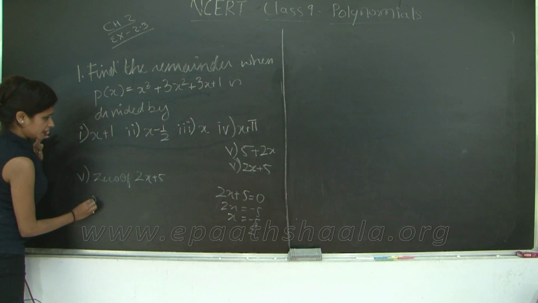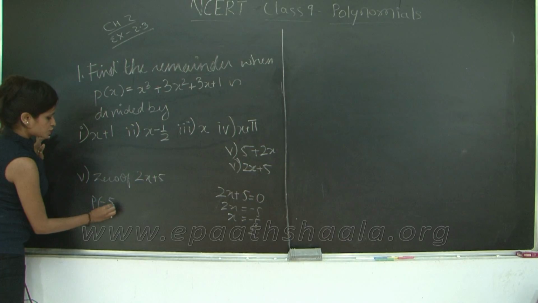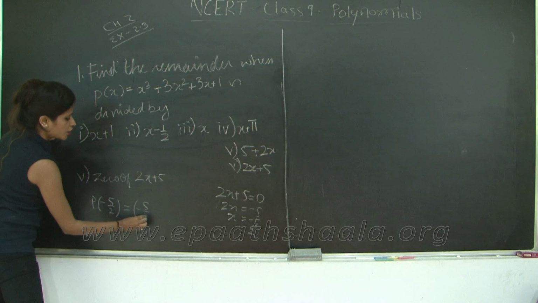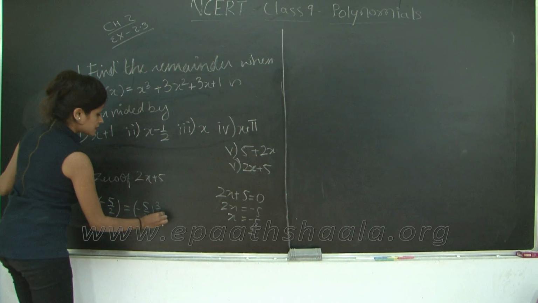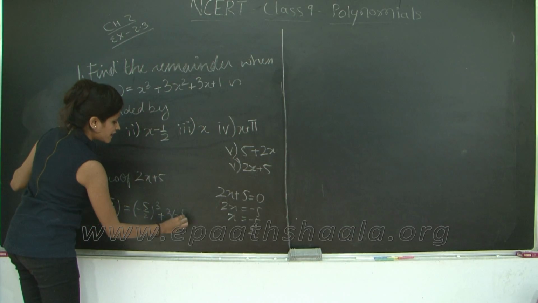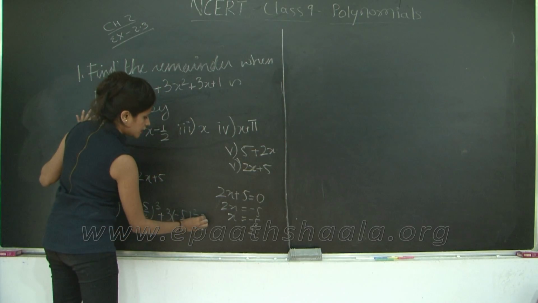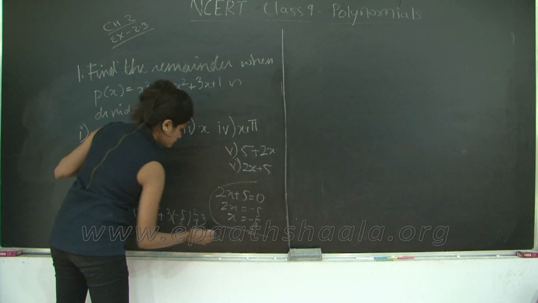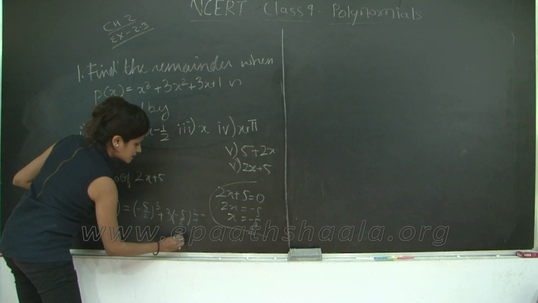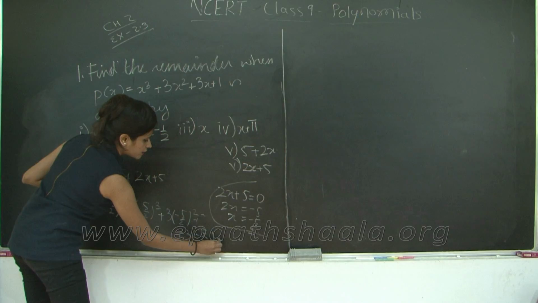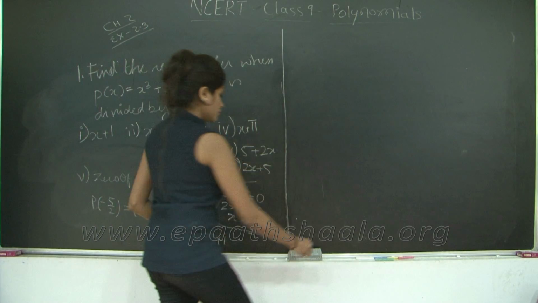So I get p of minus 5 upon 2 is equal to minus 5 upon 2 the whole cube plus 3 into minus 5 upon 2 the whole square plus 3 into minus 5 upon 2 plus 1. Let's just continue over here.